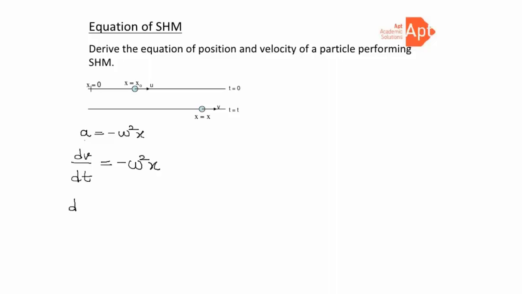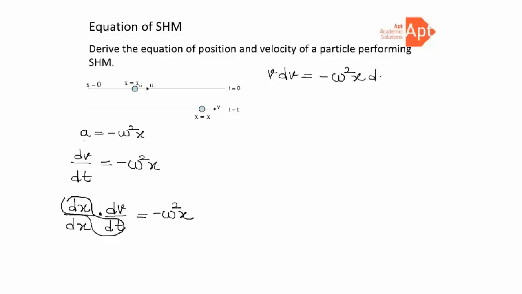To do that, we multiply and divide the given expression by dx. So it is dx by dx multiplied by dv by dt is equal to minus omega square x. This dx by dt becomes v. So it is v dv is equal to minus omega square x dx.